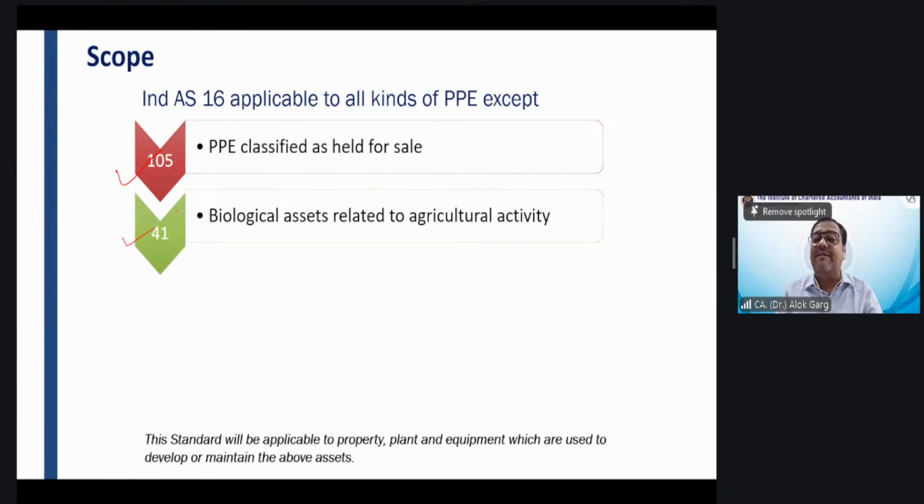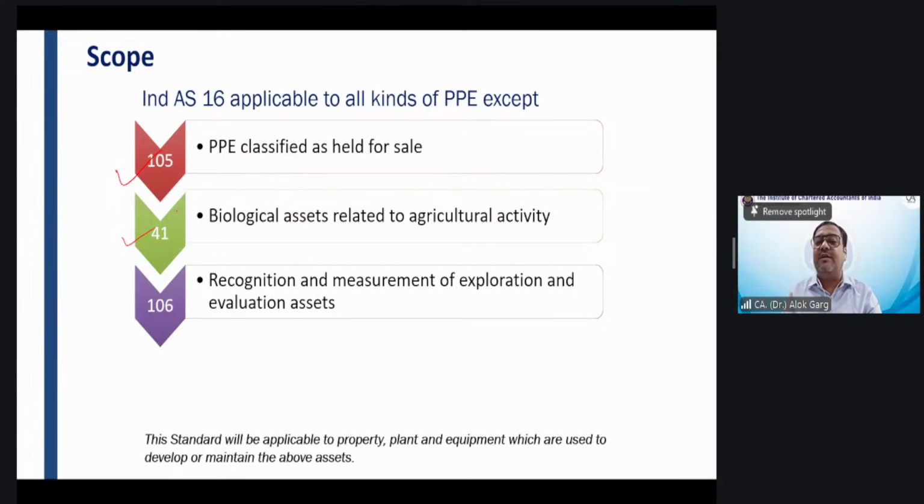That is why livestock was generally covered under accounting standard 10, so normally entities were applying AS 10 for livestock accounting. But in Ind AS, we have Ind AS 41, which deals with agriculture and biological assets. Hence, this livestock, this biological asset relating to agricultural activity, living animal, is not covered under Ind AS 16.